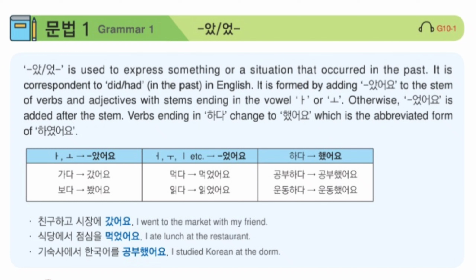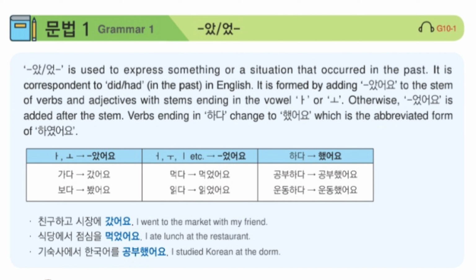To go, 가다. Went, 갔어요. To see, 보다. Saw, 봤어요. Ending in a vowel other than a or o. To eat, 먹다. Ate, 먹었어요. To read, 읽다.